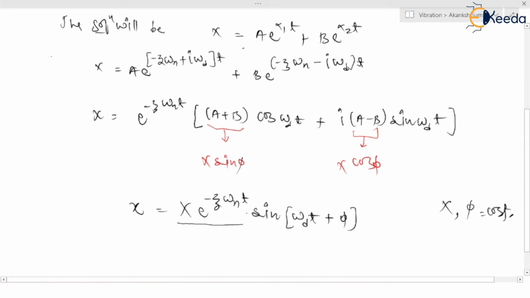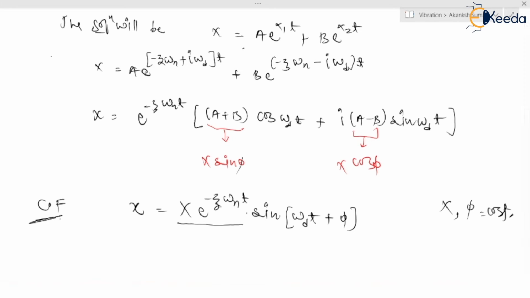This capital X multiplied by e to the power minus zeta omega n t represents the amplitude. And this is the CF. We study in mathematics the CF and PI, the particular integral, like that. So that represents the CF. Now this CF value you will get in the underdamped system.